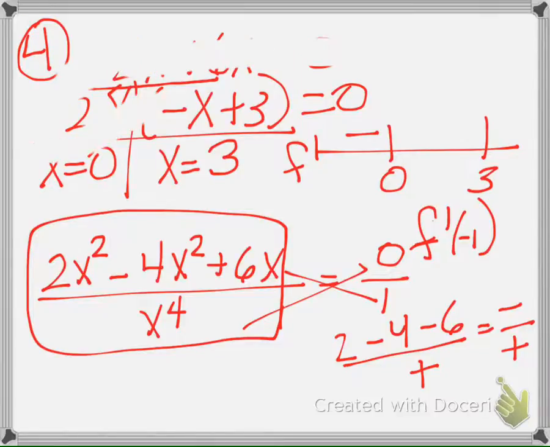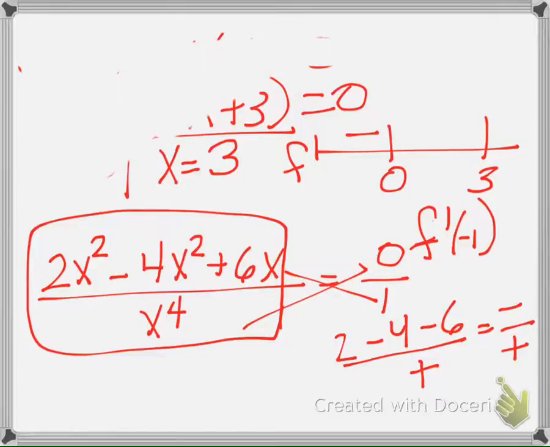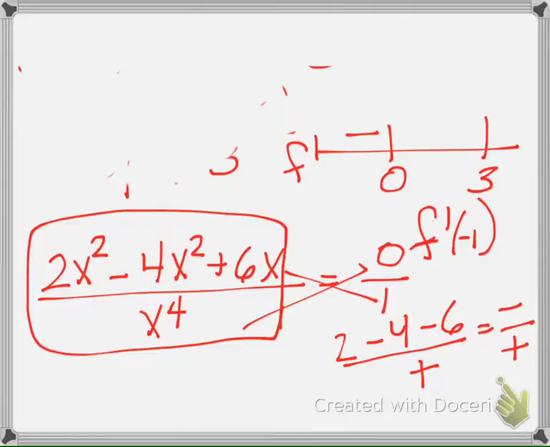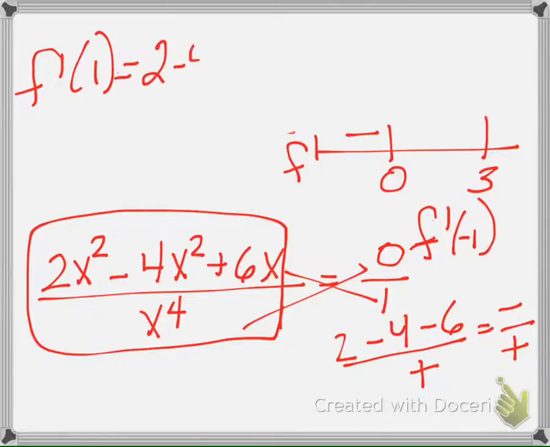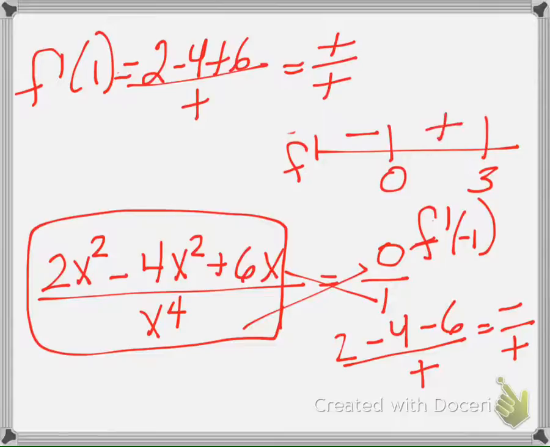Let me make some room up here. Okay, if I do f prime of 1, I'm going to get 2 minus 4 plus 6 over a positive. So that's going to be a positive over a positive, which is positive.